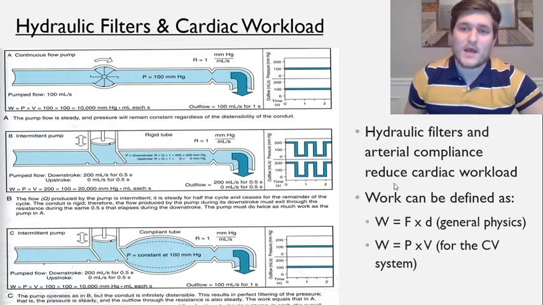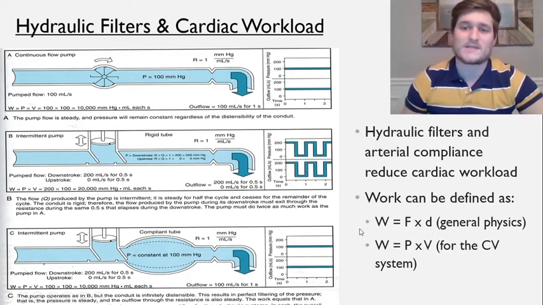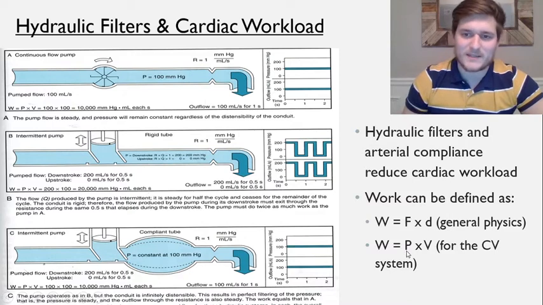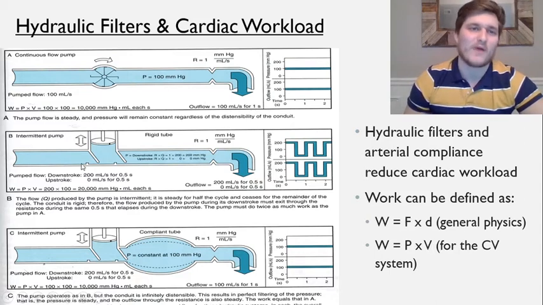And so work can be defined as force times distance in general physics, but when you work out the math, basically, as far as the cardiovascular system is concerned, we can equate it to pressure times volume.